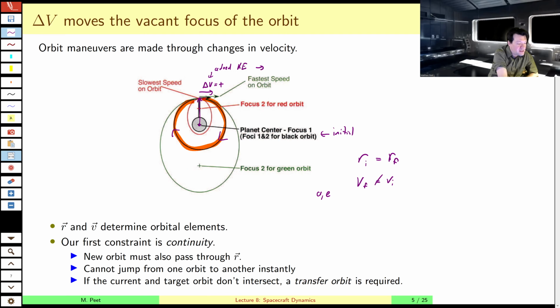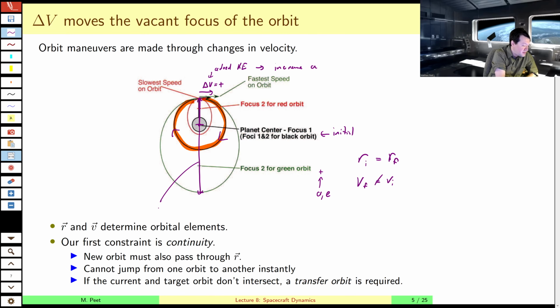which of course means there's a one-to-one relationship, remember, between energy and semi-major axis. So we've increased our semi-major axis. So when we add velocity, that increases semi-major axis. So what that means, of course, is that because this position can't change, this part of the ellipse has to change instead.